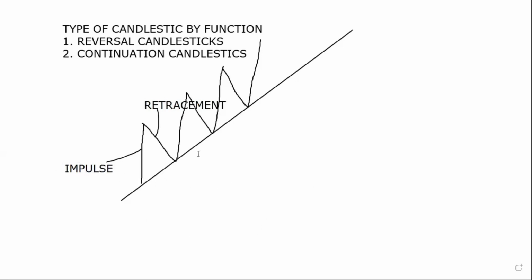That's what you see in a trend. Now, if this goes up and comes back, there's usually a candle here that tells you that this market is continuing. Here you will find a continuation candle.